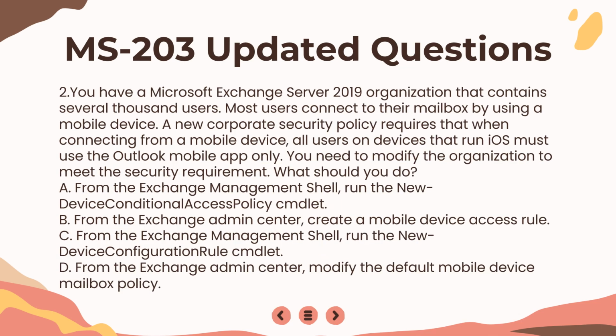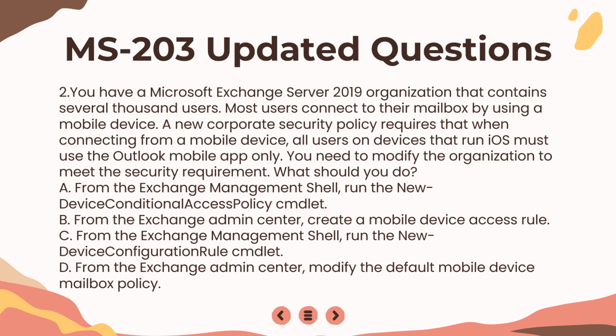2. You have a Microsoft Exchange Server 2019 organization that contains several thousand users. Most users connect to their mailbox by using a mobile device. A new corporate security policy requires that when connecting from a mobile device, all users on devices that run iOS must use the Outlook mobile app only. You need to modify the organization to meet the security requirement. What should you do?